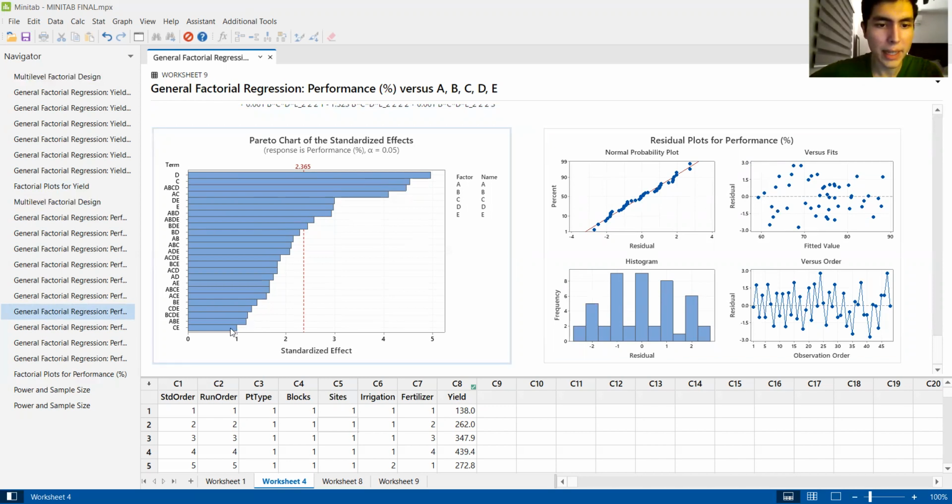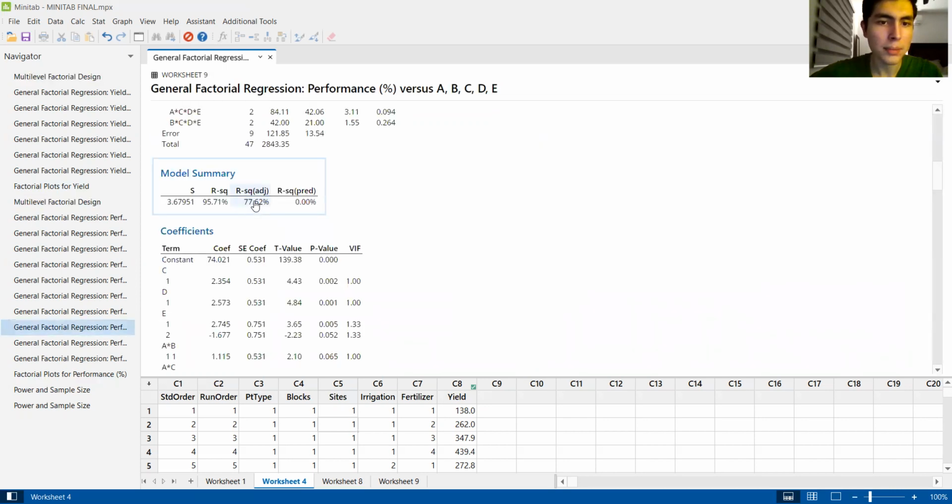Anyway, I kept taking out factors that, according to the Pareto chart and the ANOVA, are not significant. But after doing this, the R square adjusted value just kept getting lower and lower.